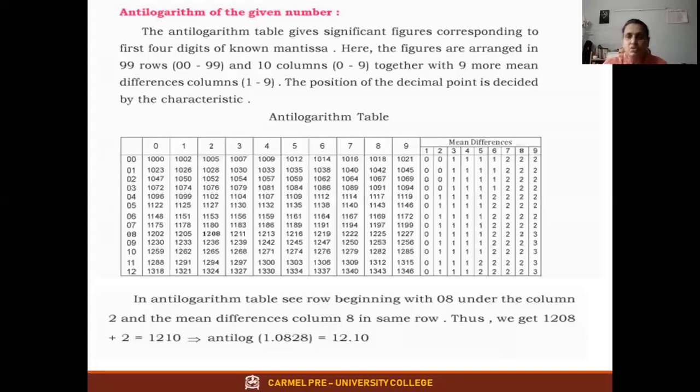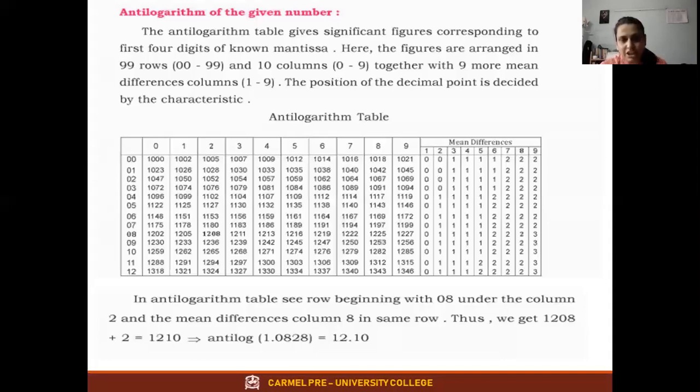So for the fourth digit, go to the mean difference. When you see the mean difference corresponding to 8, how much is it under 8? 2. So you have to add that 2 to 1208. So 1208 plus 2 equals 1210.